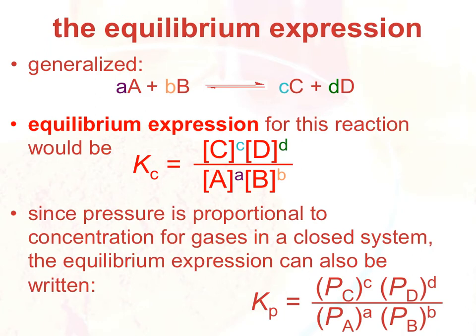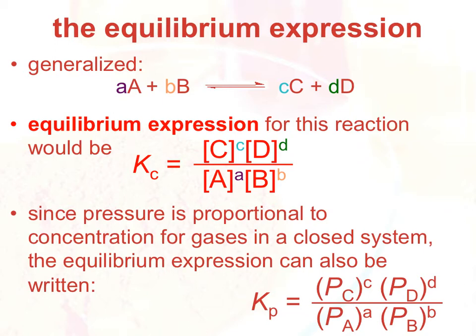So we can go ahead and write something called an equilibrium expression in a very generalized way, as we can see from the equation provided here. We can write our equilibrium constant with respect to our product and reactant concentrations and their stoichiometric relationships.